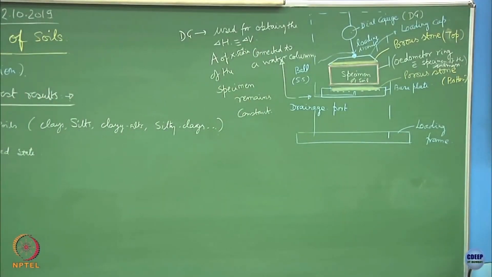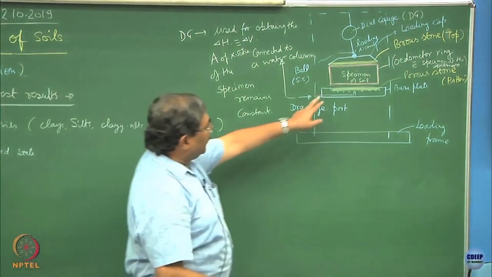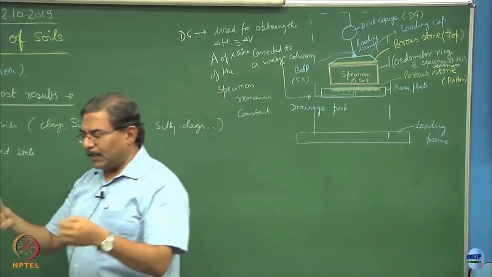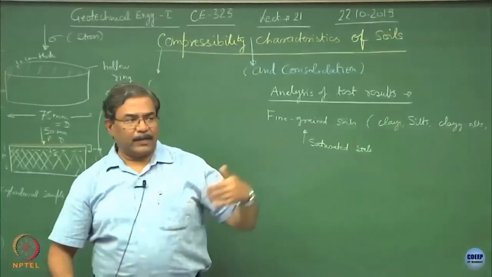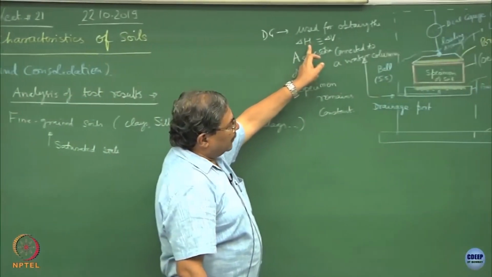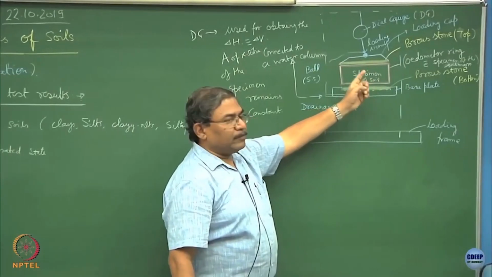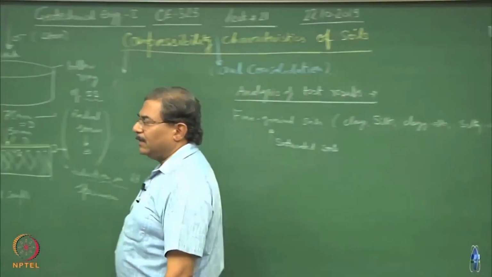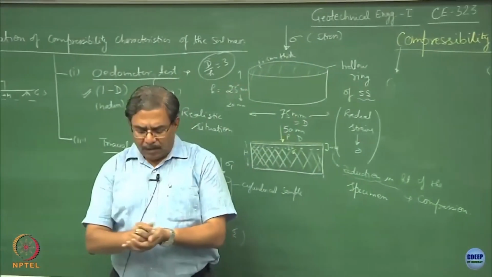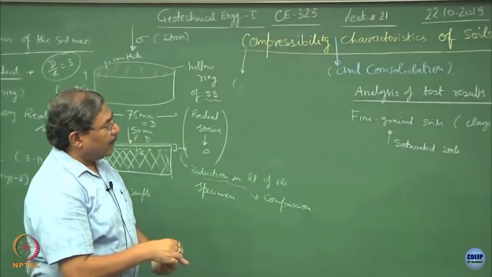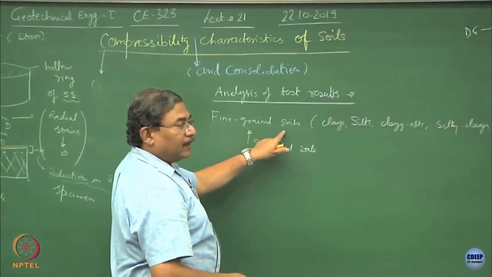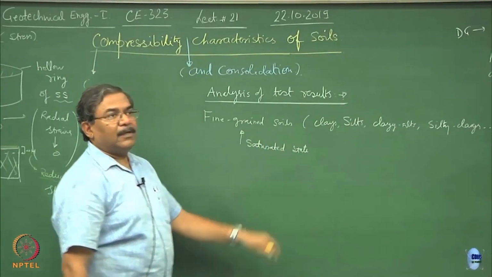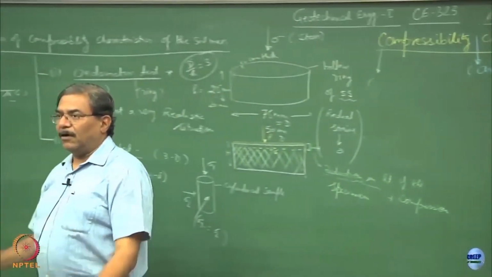Now, the choice is mine. If I want to do a study on a dry sample, I can do it. You can prepare the sample, take dry soil, pack it in the oedometer ring, apply stresses, and obtain delta H. I can vary the moisture content of the fine grained materials, fix them in the oedometer ring, and study the compressibility characteristics. Normally, when we deal with fine grained soils, to make life easy, we saturate them and make sure that the sample remains saturated always.